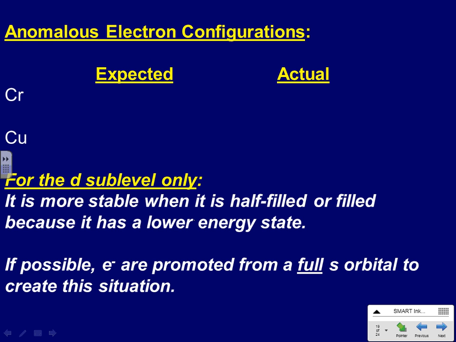So if you're done writing this, you can go ahead and do the expected core electron configuration for chromium. That goes back to argon. And actually, because you have your periodic tables right in front of you, you could write down the actual electron configuration for chromium, because the periodic table has the true electron configuration.